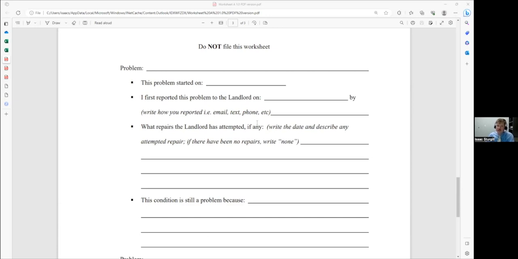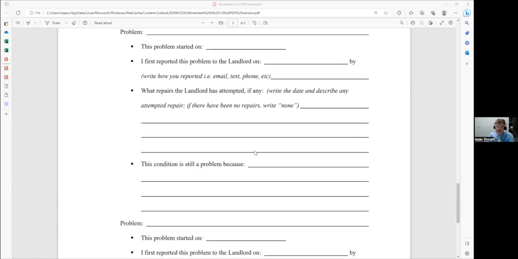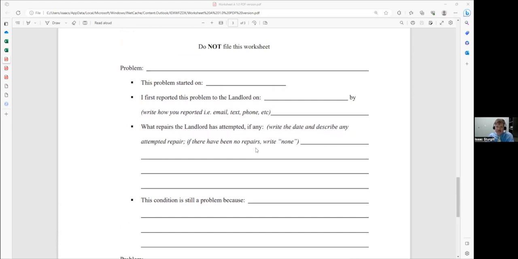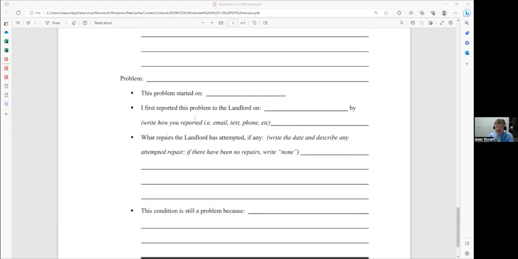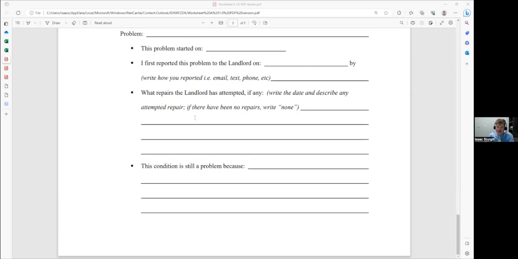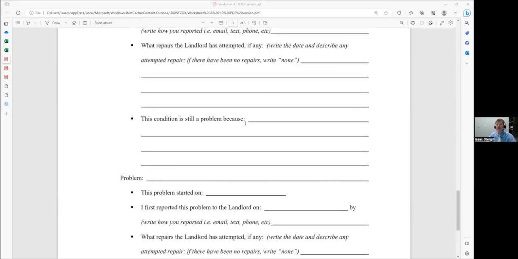For every single problem, they're going to talk about when it started, when they first reported it, how they reported it, whether the landlord has made any repairs, if they have made any, and whether or not the condition's still a problem or how the condition's still affecting them. And so that's important as well. So for each of the conditions, you're going to have to go through this same list of questions. So again, that's why you see it repeated, is just to give you a way to organize that. And so that's the first worksheet.